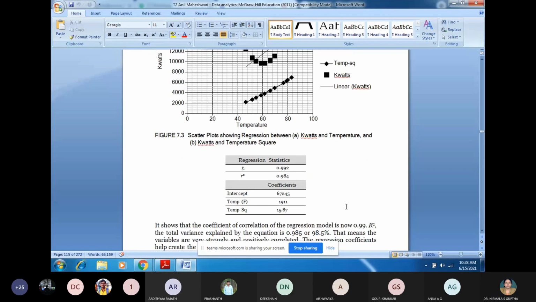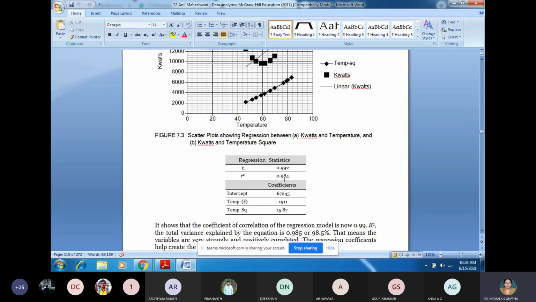After adding the temperature square, we get the coefficient of correlation of the regression model as 0.99. So this is R, shown in the statistics as 0.992, or 98%. The total variance computed by the equation is 0.984.